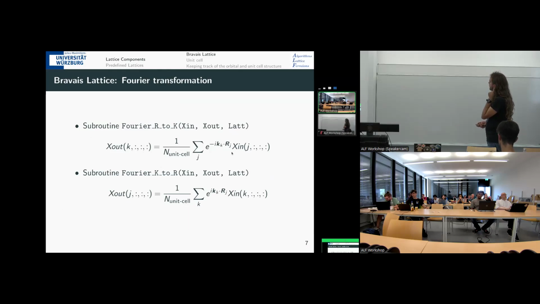We have an array where the first index goes over the site index in the parallel lattice. And then you can either go from real space to k space or from k space to real space, as defined here with this convention.